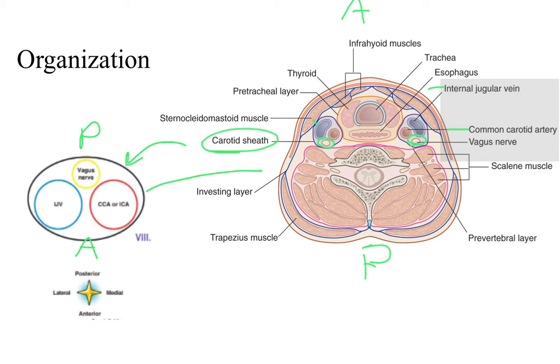All right, so if this is anterior, then this would be more medial, and this would be more lateral, as this little compass here suggests. All right, so here we see the common carotid artery, internal jugular vein, IJV, although that's a little bit hard to see, and then the vagus nerve, intermediate between the two, and posterior.